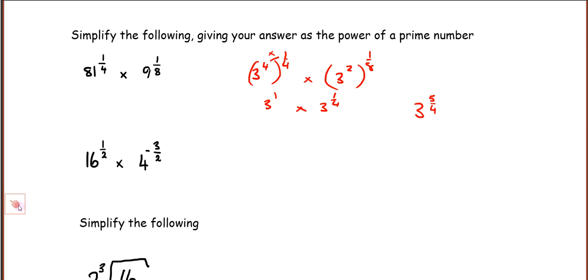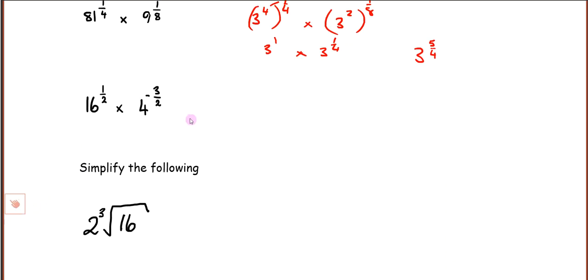Same with this one, but the prime number is different this time. So we've got 2 to the power of 4 this time to the power of a half, multiplied by 2 squared to the power of negative 3 over 2. Now that is 4 times a half is 2.